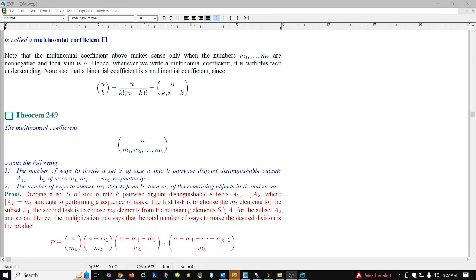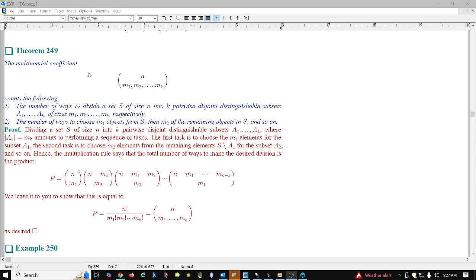So just as in the previous example, this multinomial coefficient counts the number of ways to divide a set S of size n into k pairwise disjoint distinguishable subsets, say A1 through Ak, of sizes m1 through mk.